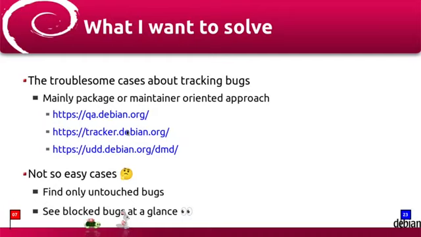This is because these services are aimed to help package maintainers. For example, it is troublesome to find only untouched bugs or see blocked bugs at a glance. It seems that these issues are not covered well.